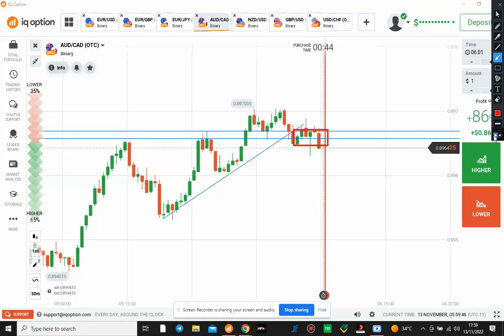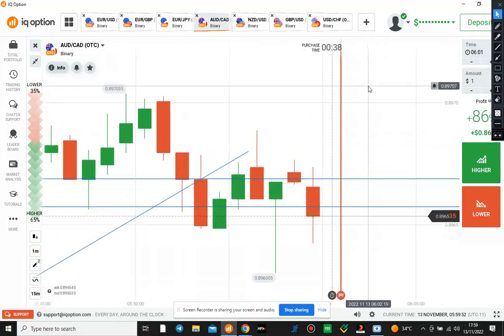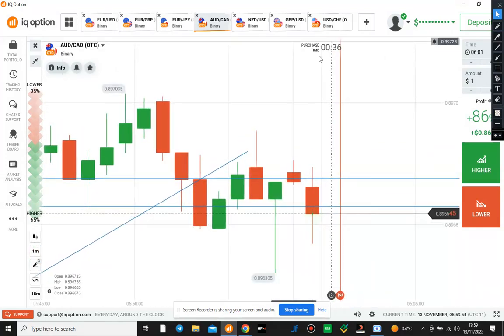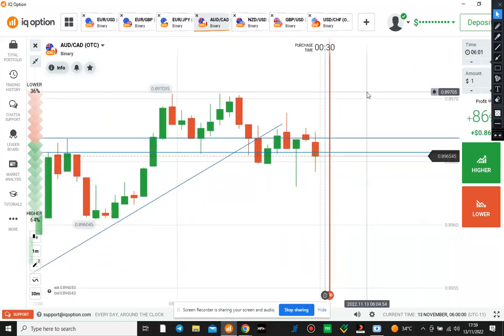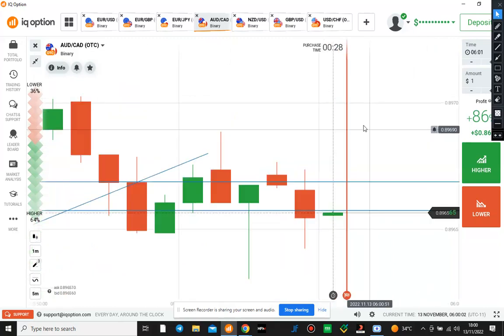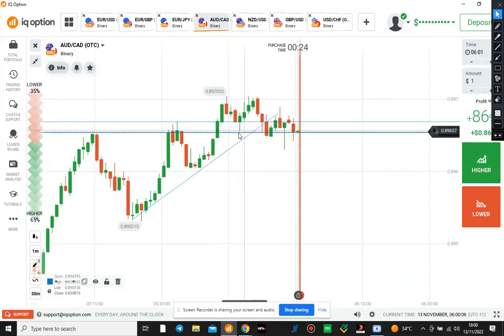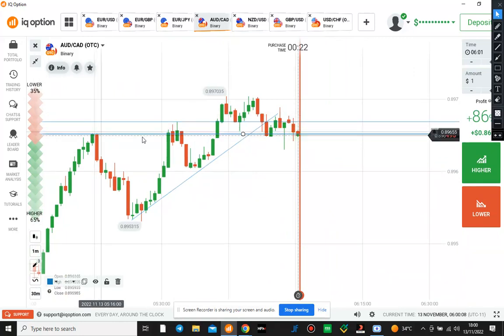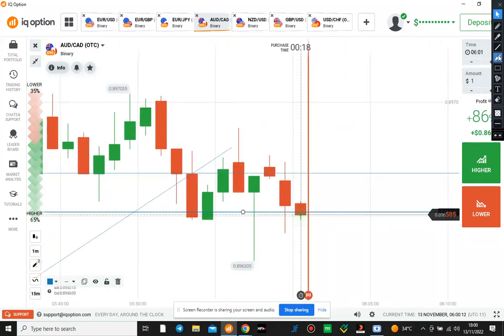Let's see where the market will reverse. Now this is still a support level. From the support level, what can we find here?